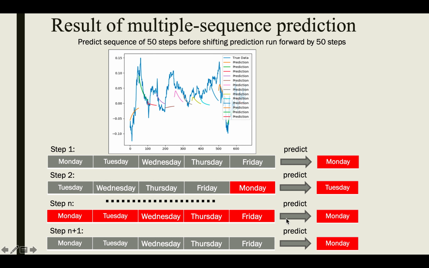Like that, predict a sequence of 15 steps before shifting the prediction run forward by 30 steps, and it is multiple sequences. So you can see that there is a good result of prediction.